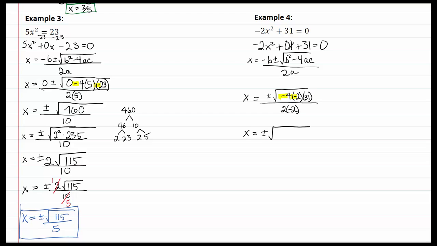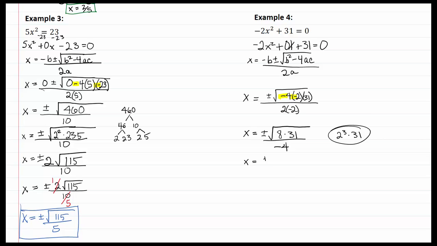4 is a perfect square, so I know that I can pull out a 2. I can just start analyzing that stuff ahead of time. So we've got 8 times 31, so that's equivalent to 2 to the 3rd times 31 inside the radical. And then in the denominator we've got negative 4.